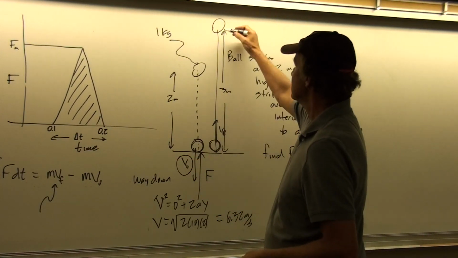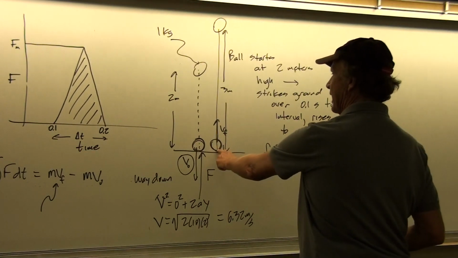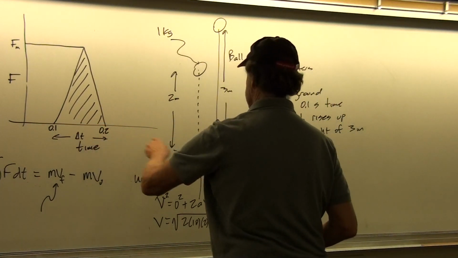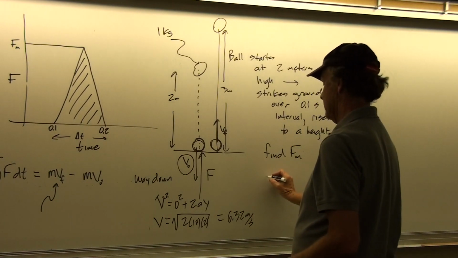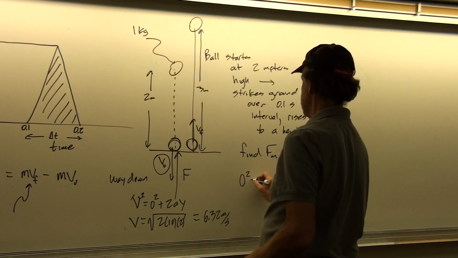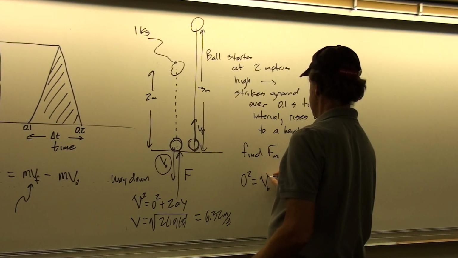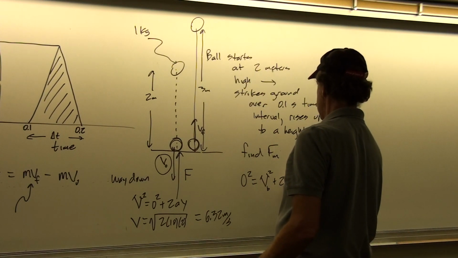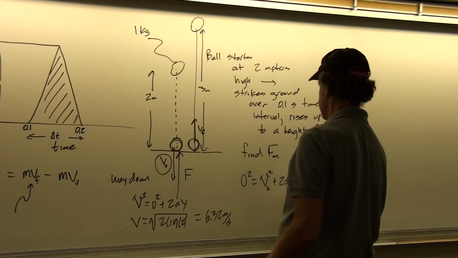Now the velocity just after the collision, or the interaction of the ground, which has this force function, with the ball, is going to be, well, by the time it gets up to here, it'll be 0 squared equals the velocity at the bottom plus 2a times 3 meters. Okay, so it goes up higher than it started from.